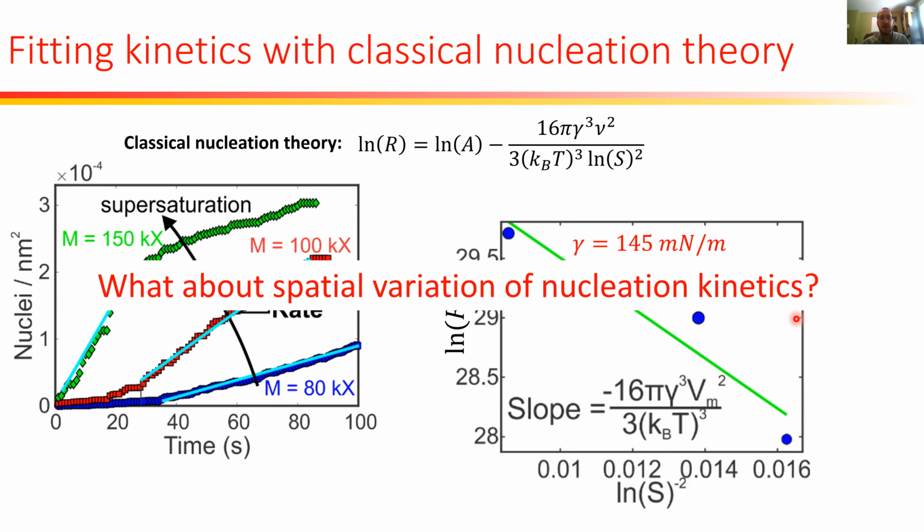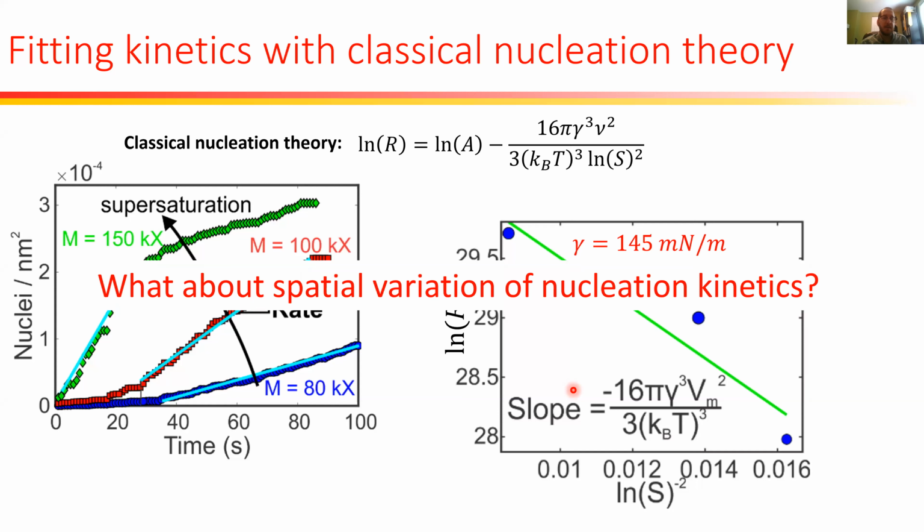Our next question was, what about spatial variations of nucleation kinetics? We could perhaps do this type of experiment looking at nucleation as a macroscopic process, perhaps with X-ray scattering or maybe even optical microscopy.